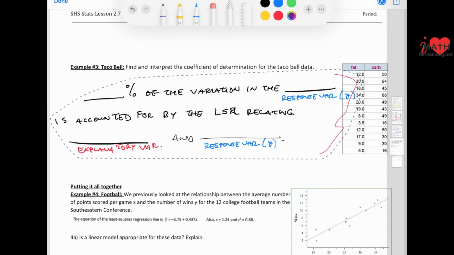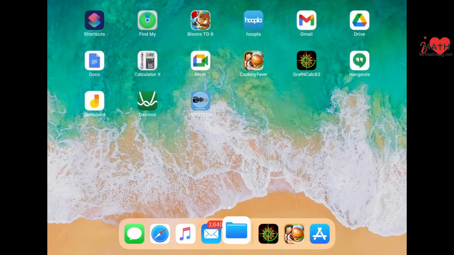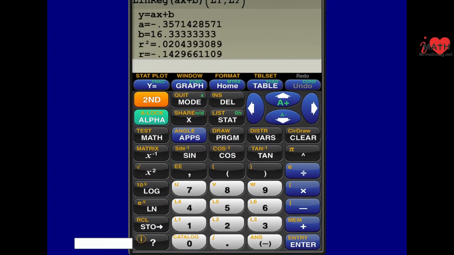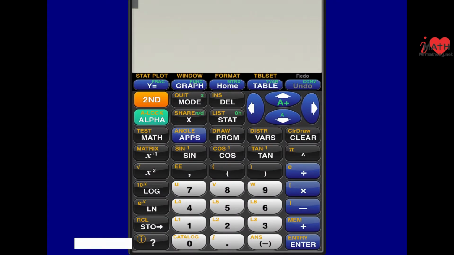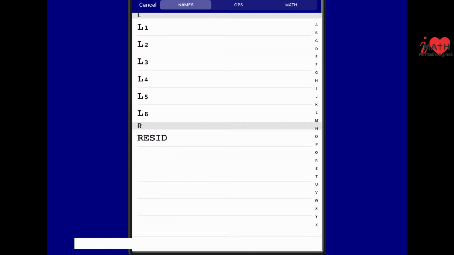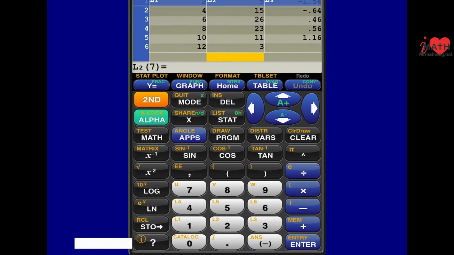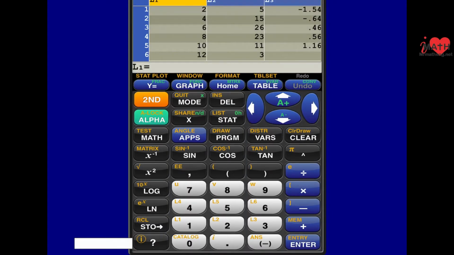So I'm going to go ahead and punch this into my graphing calculator again. Press done here, press clear. Going to go to my list, so I'm going to press second, stat, and then edit, go on top of my list and press clear. And then you can go ahead and put in all those numbers.